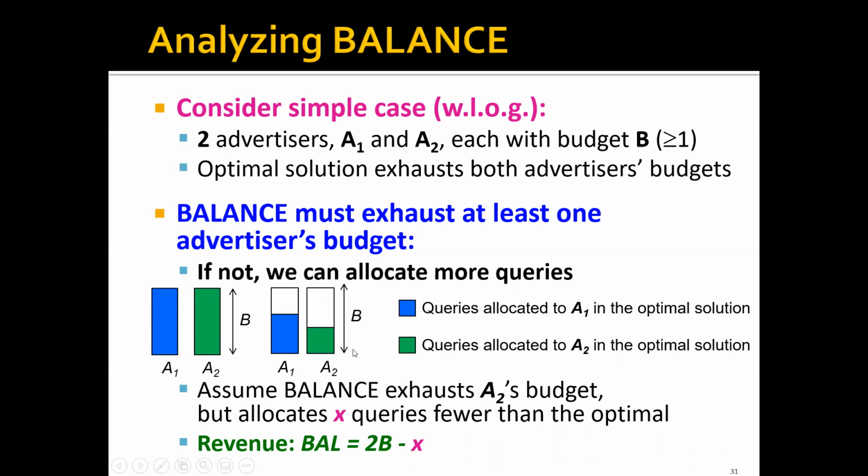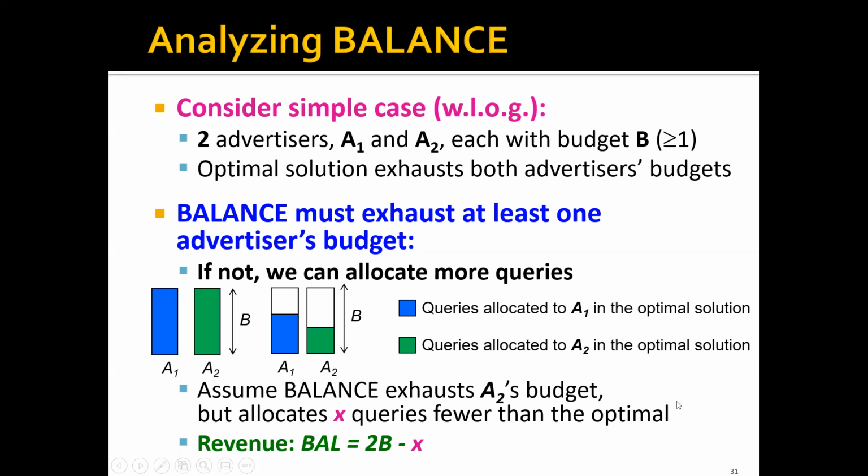Then in this case, we can always allocate more queries, right? We can always allocate more queries to either A1 or A2 until one of the advertisers exhausts its budget. So this is intuitively why the balance algorithm must exhaust at least one of the advertisers' budgets.